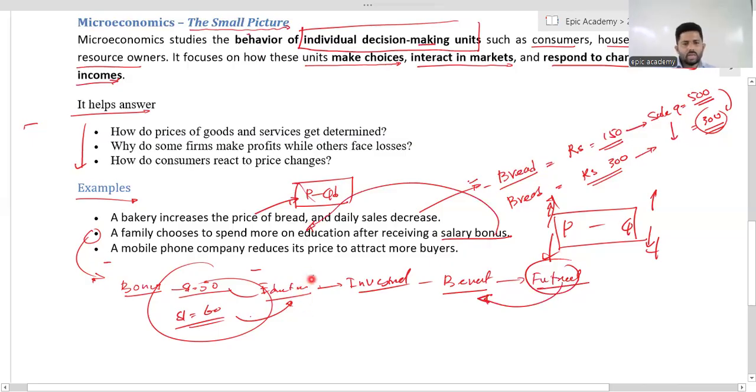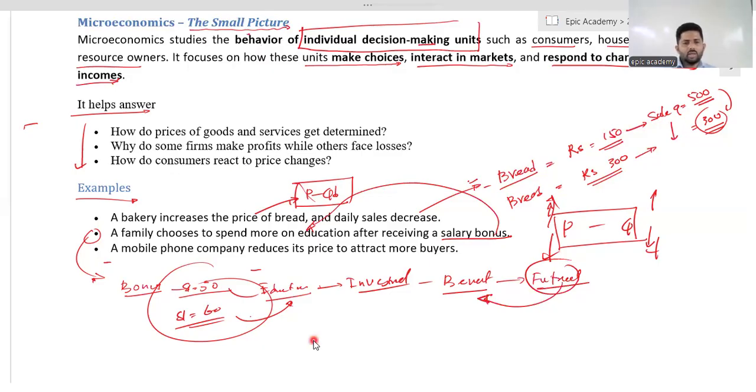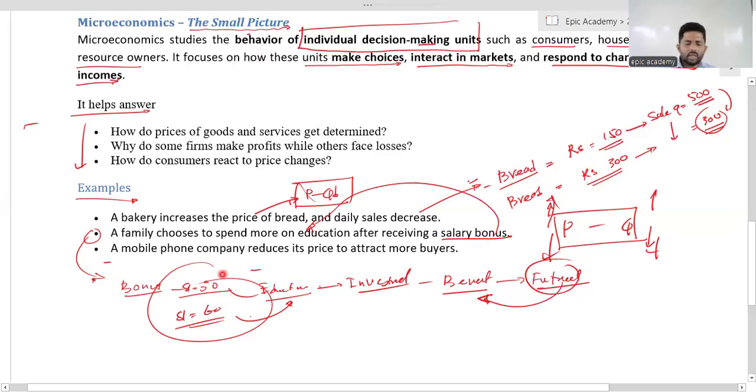We cannot say that each and every person who takes a bonus will spend money on education. No, something like that will not happen in the country. They will spend that money on their own purposes, maybe consumption purposes or different investment purposes.